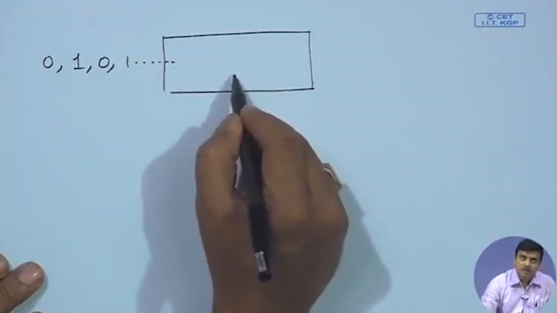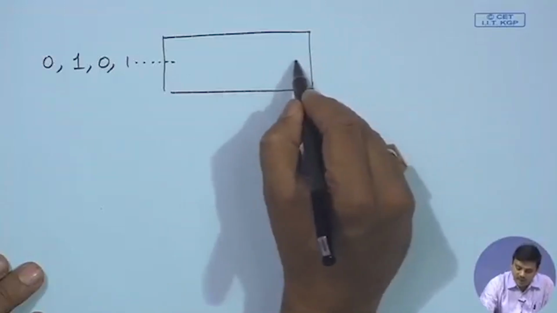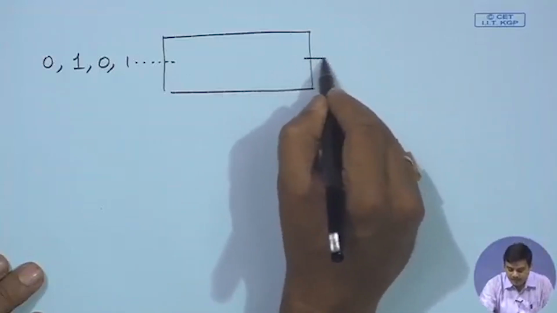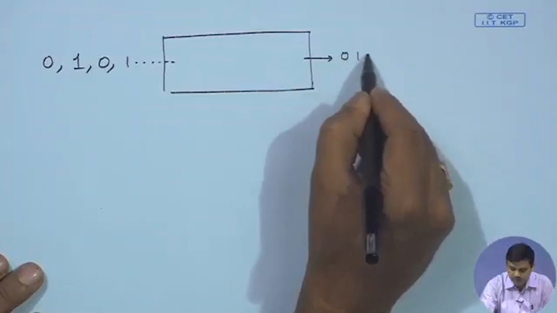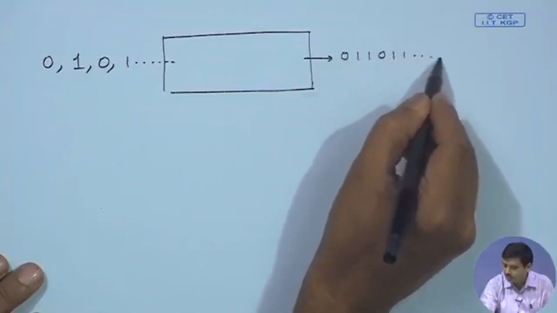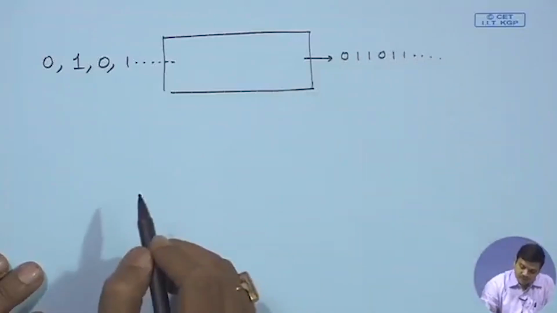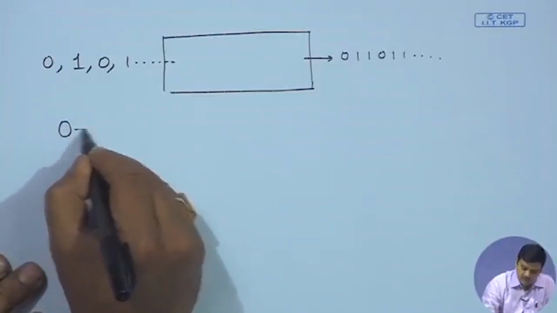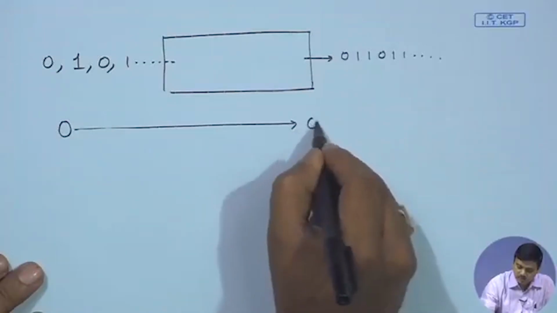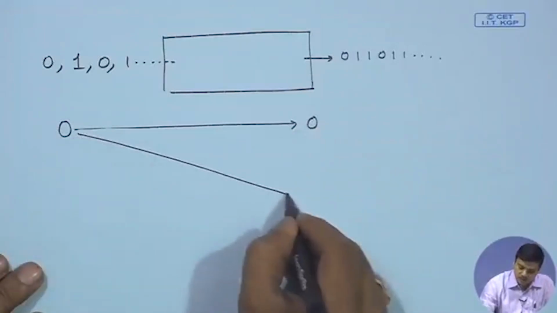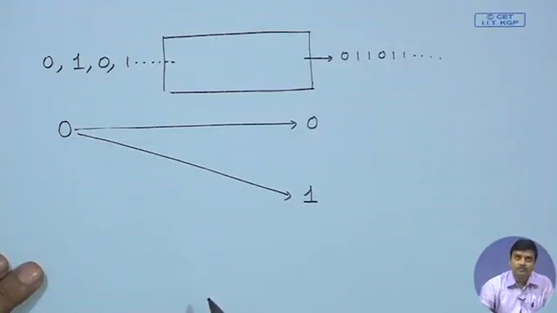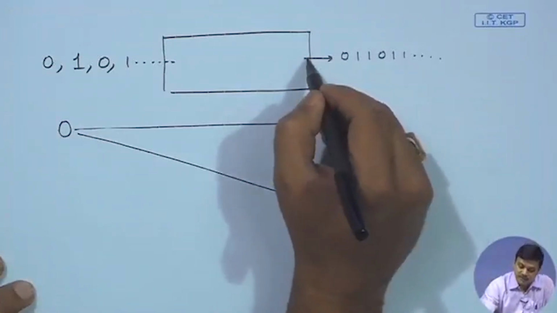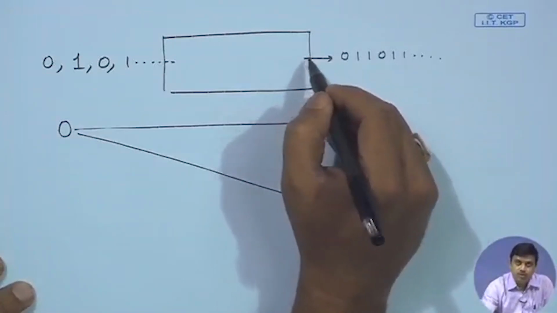It goes through the channel, passes through AWGN, demodulator, detector, and again it produces a sequence of zeros and ones. So, when it does so, a 0 as the input could give an output of 0 or an output of 1, because we have stated the detector must choose something.